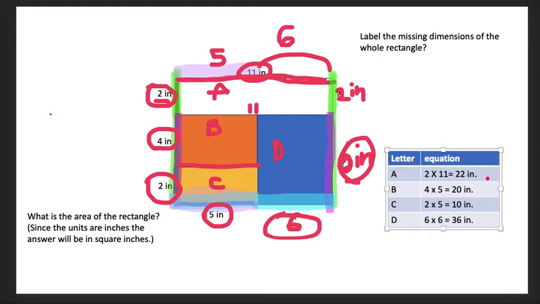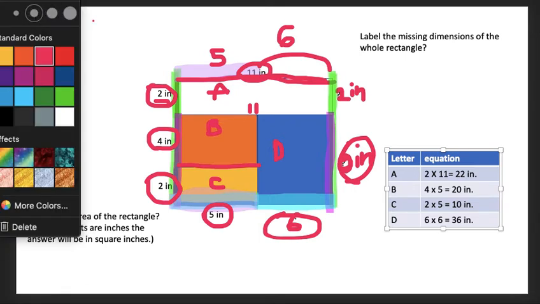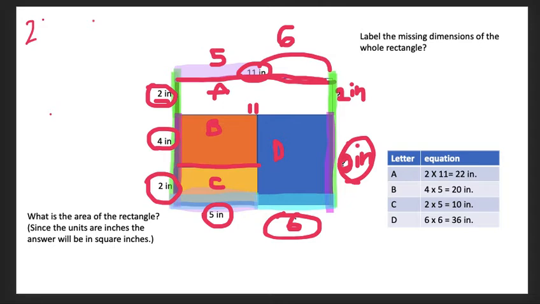So what I could do is add the area of each rectangle together to figure out the area of all of them combined. So I will do 22 plus 20 plus 10 plus 36. Boom.